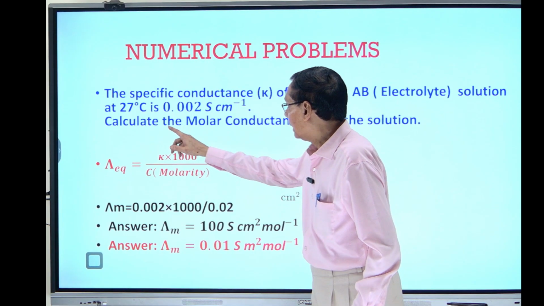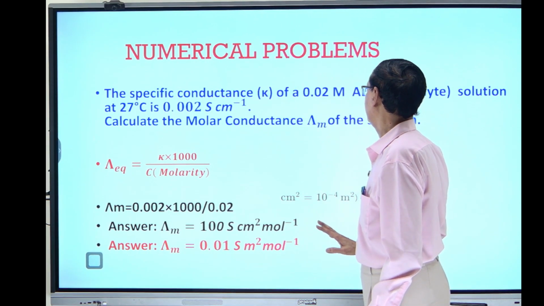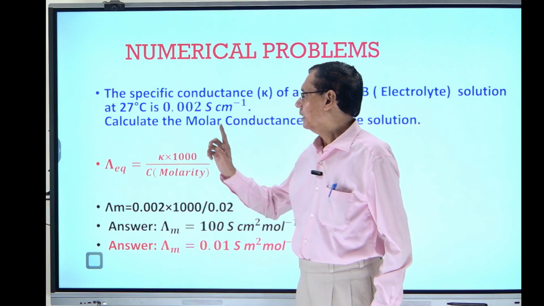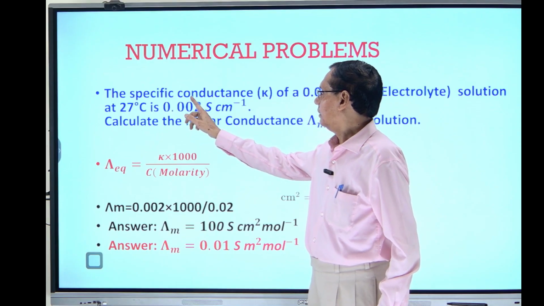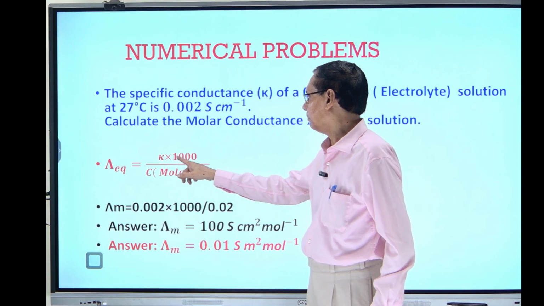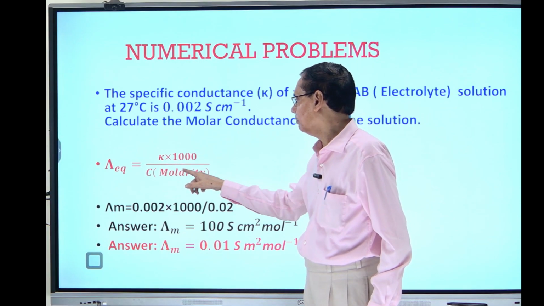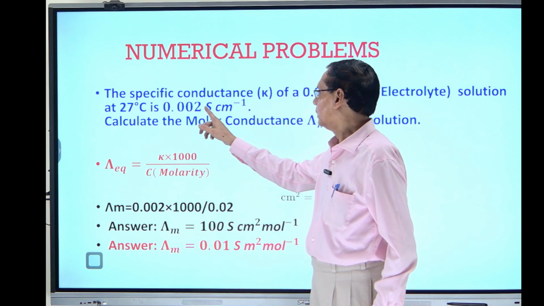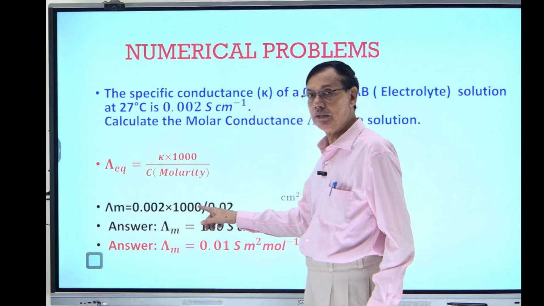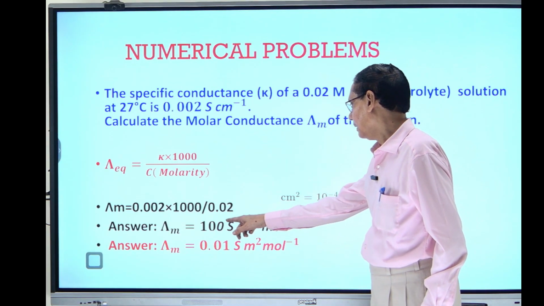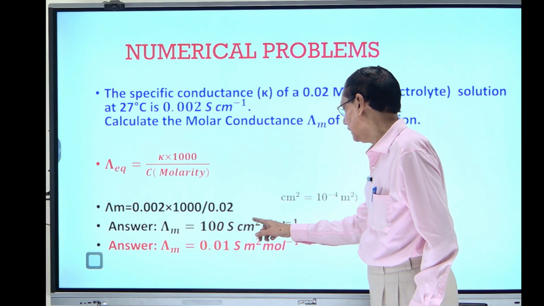Calculate the molar conductance. Anybody? The formula, you know, is specific conductance multiplied by 1000 divided by the molarity. So it is so simple: 0.002 multiplied by 1000 divided by 0.02, the answer is 100 Siemens centimeter square per mole.